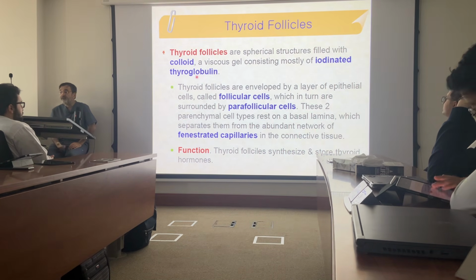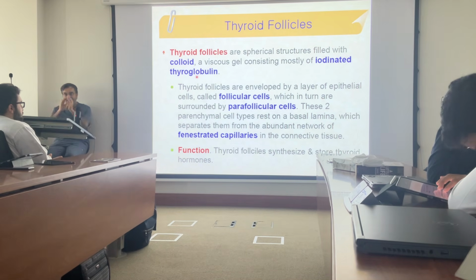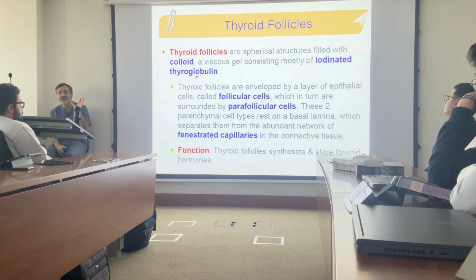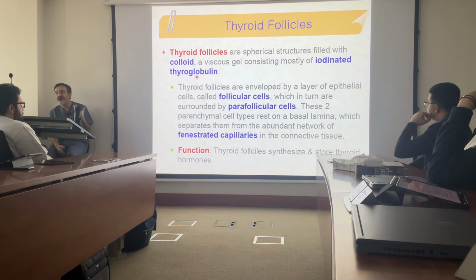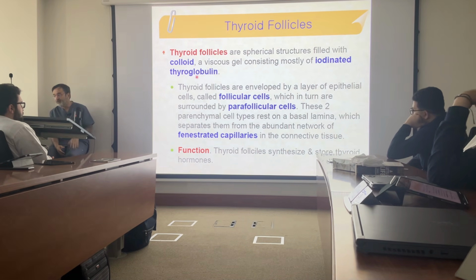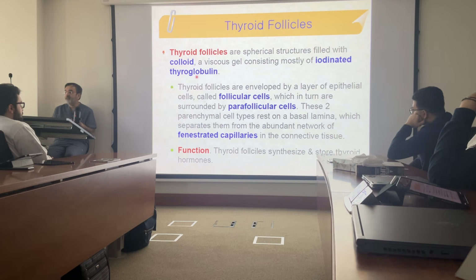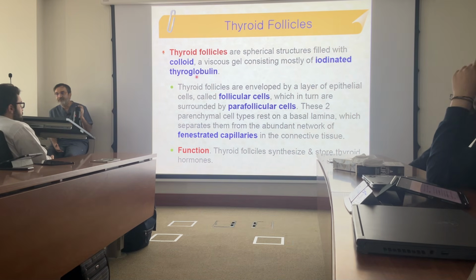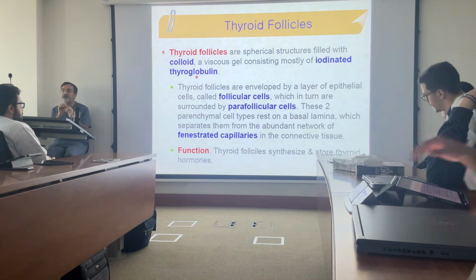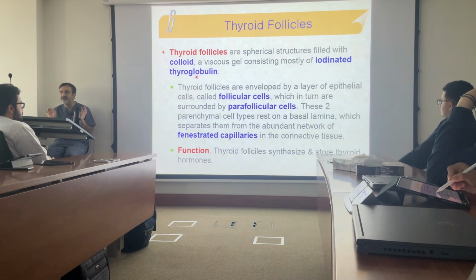So thyroid follicles are spherical structures filled with colloid, a viscous gel containing mostly iodinated thyroglobulin. Thyroid follicles are enveloped by a layer of epithelial cells called follicular cells, which are usually either cuboidal or squamous, which in turn are surrounded by another set of cells called parafollicular cells.